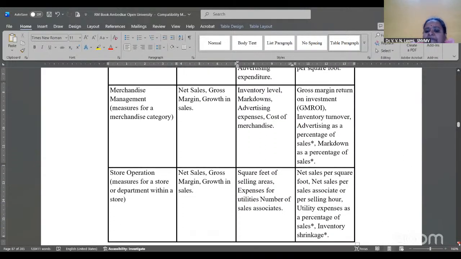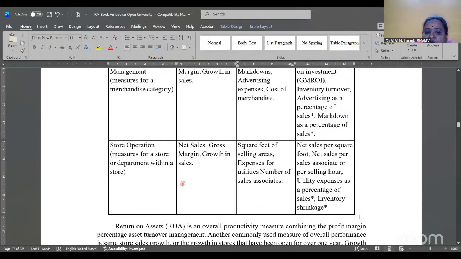Then, when it comes to the variable of store operations, the approaches that a retailer follows could be net sales per square foot. For example, if the store has a carpet area of 1,000 square feet, and if the net sales are 1 lakh, you can divide 1 lakh by 1,000 square feet, which gives you around 100.